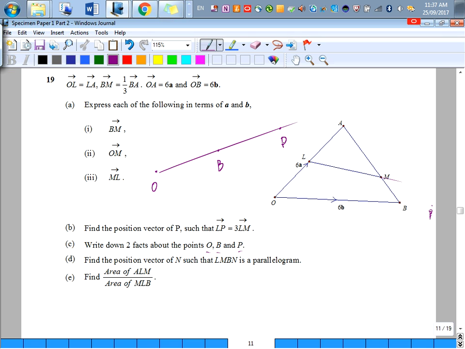We are trying to prove that either OB is parallel to BP, because if they are parallel and they have a common point B, then they will lie on one straight line. Or I can prove that OB is parallel to OP and they have a common point O. Then it will also prove that they are collinear.